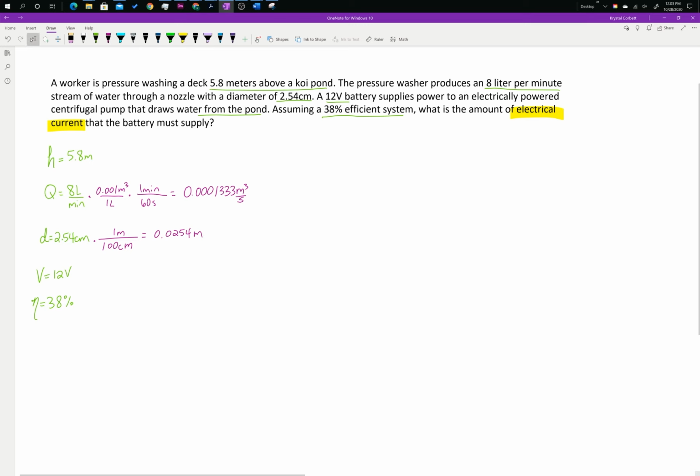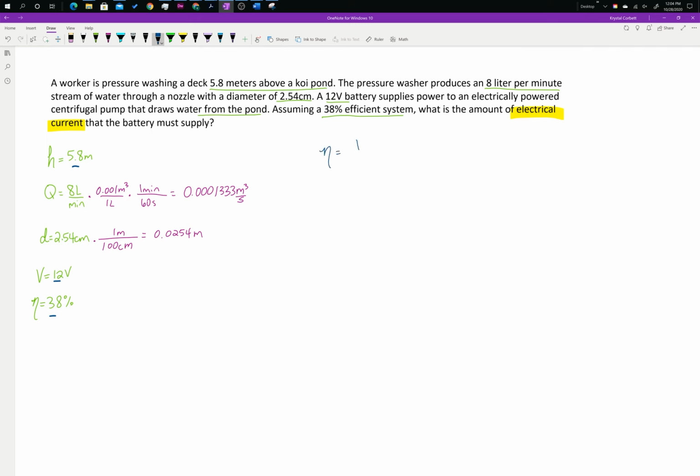Thinking through our list of equations, the equation that has current in it is the efficiency equation. We are also given information related to that equation. We have efficiency, we have voltage, we have pump head, we have flow rate and diameter, which aren't explicitly in the efficiency equation, but they are values that we can use to find other components of the efficiency equation. So I'm going to write down the efficiency equation.